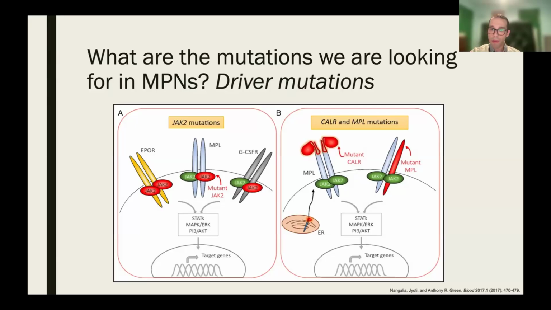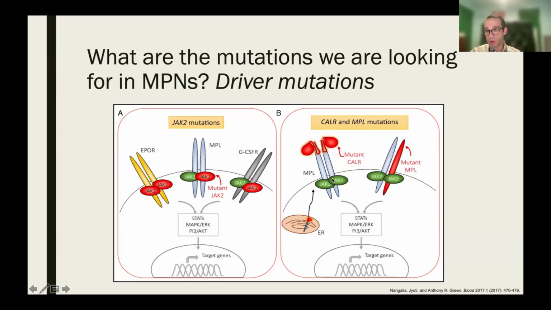No matter what happens, whether JAK2 gets mutated, CALR gets mutated, or MPL gets mutated, they all result in this receptor telling the cell to make more of itself and to make more blood cells. That is why these mutations are known as driver mutations, because they all result in the same downstream effect, which is this blood cell getting a signal to make more of itself.